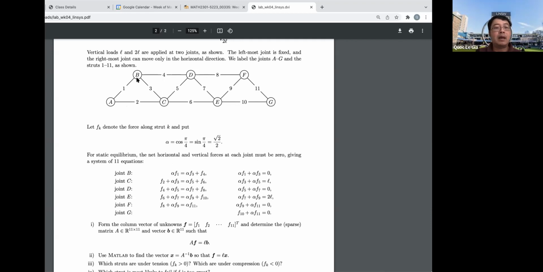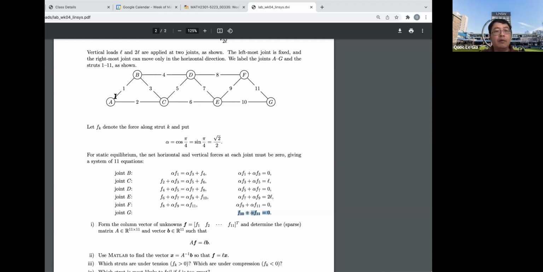Well, at least now I think the equation is about the edge, right? And if you count the number of edges, you have 11 edges and you have 11 equations. For joint G, remember the forces on each edge are given by F1 up to F11, right?